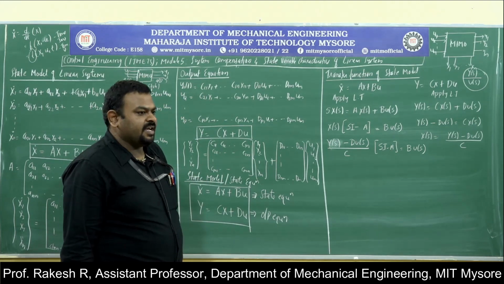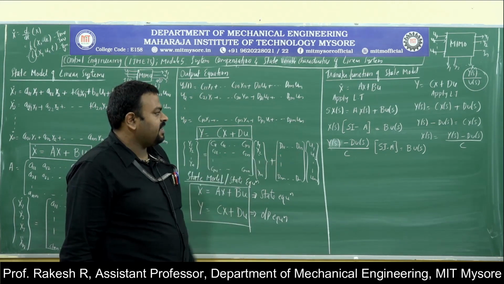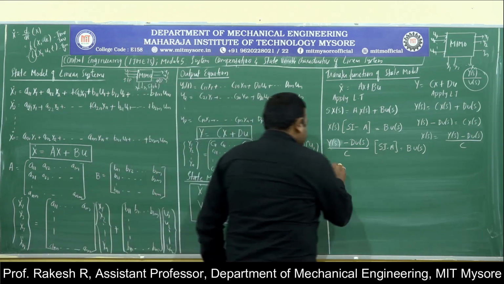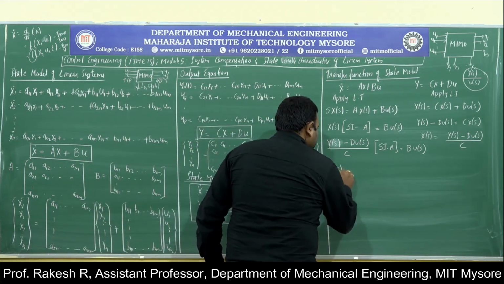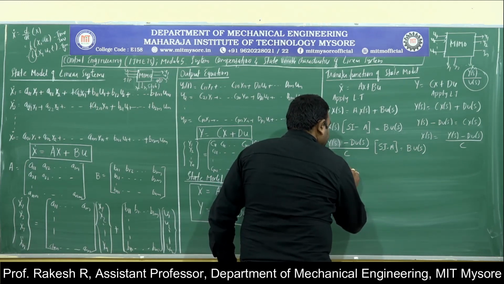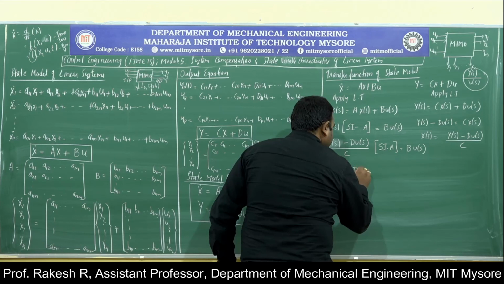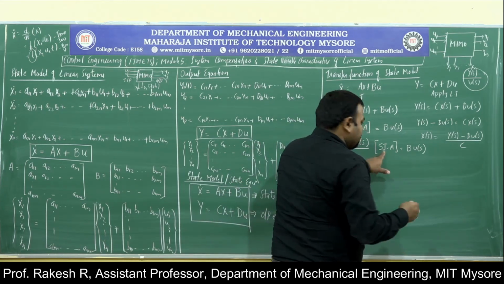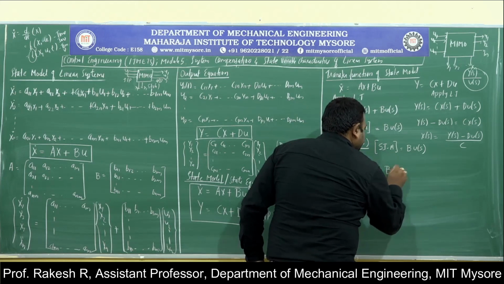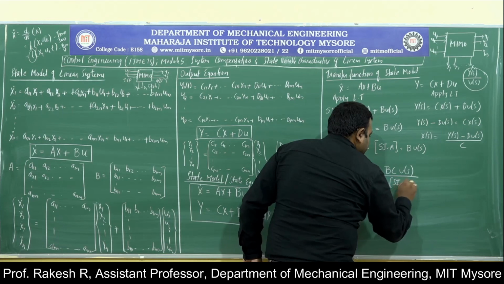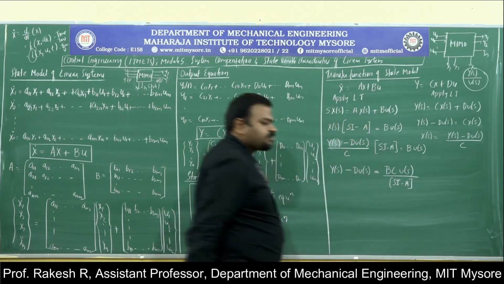So I need to take U of s on one side and Y of s on the other side. Then what I will get is, C I will send here, Y of s minus D into U of s equal to B into C into U of s divided by (sI minus A).